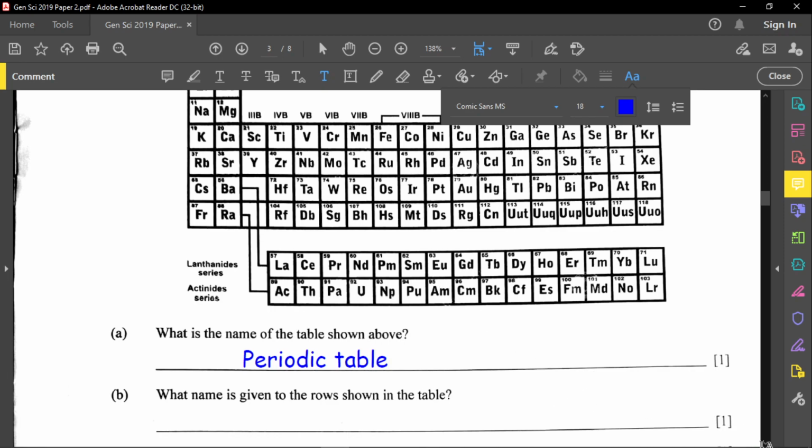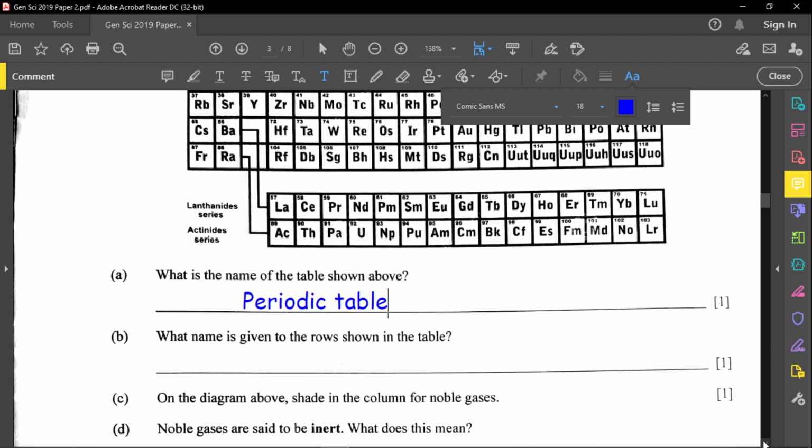Now for part B, it says what name is given to the rows shown in the table. The rows, which means going horizontally across, are called periods. The columns, which are the vertical columns, are called groups. So the rows, periods; the columns, groups.